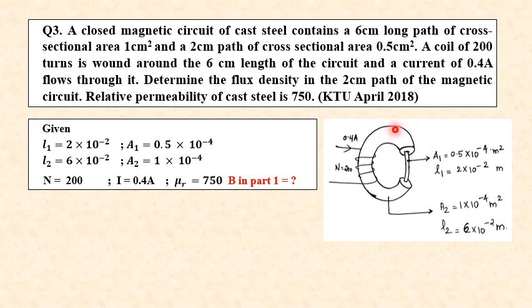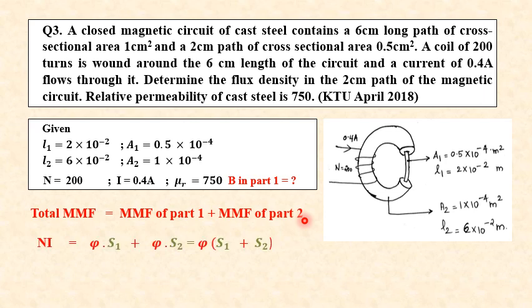So from the figure it is clear that the flux is only having a single path to flow and each part is connected in series. So this is a series magnetic circuit. Since there are two parts, we can write total MMF equal to MMF of part 1 plus MMF of part 2.